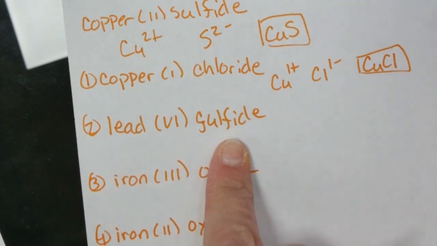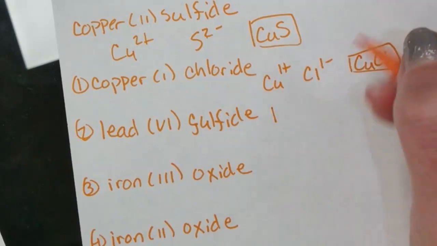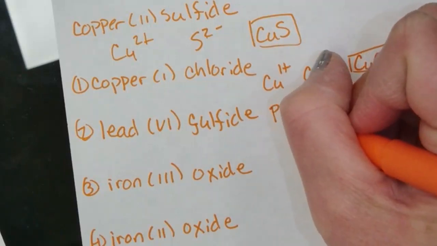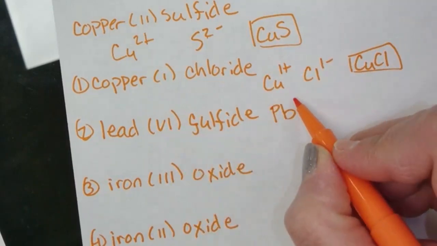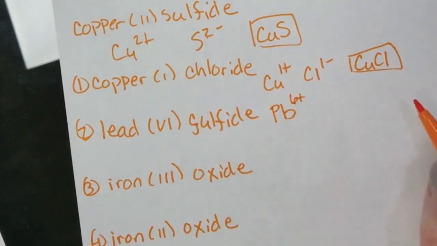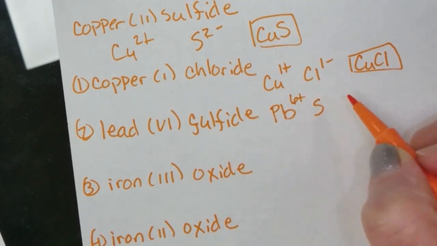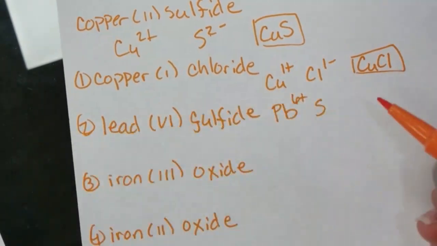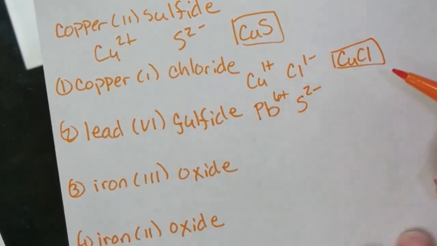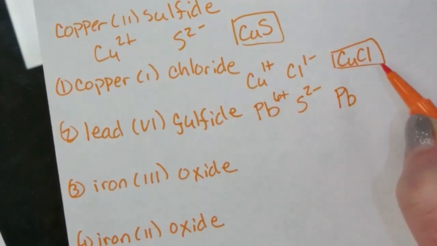Lead 4 sulfide. That's lead 6 sulfide. So that is going to be a 6+, and sulfur in its ion form, sulfide, is a 2-. So when I swap and drop, we're going to start with the lead.